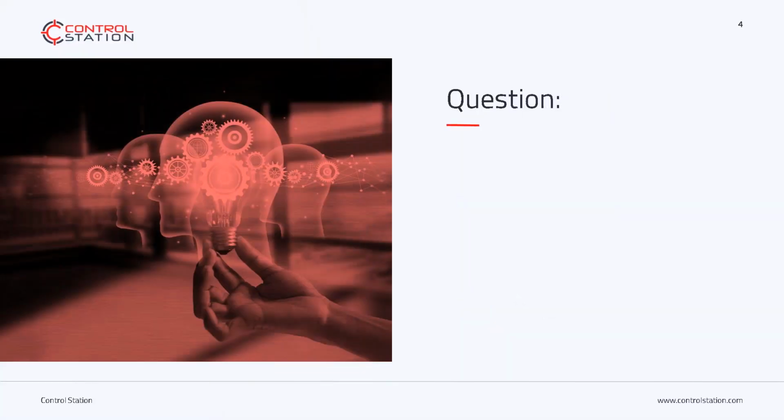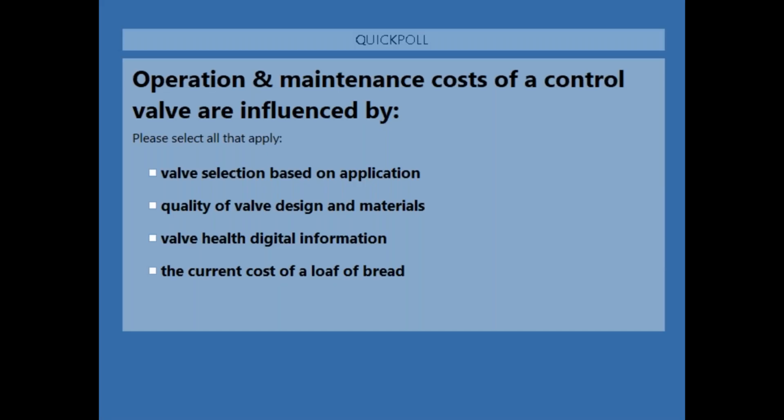So we're going to start with something fun today, something a little interactive. In a minute, I'm going to pull up a poll, and all you need to do is click on your screen. Operation and maintenance costs for a control valve are influenced by what?